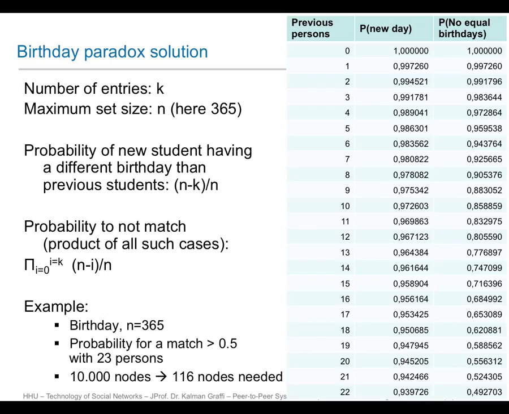So this probability is 0.939726. And if we multiply all of the previous probabilities up, then it's around 0.5.